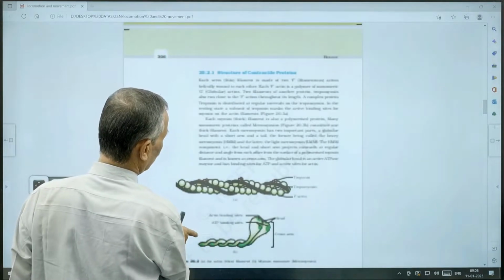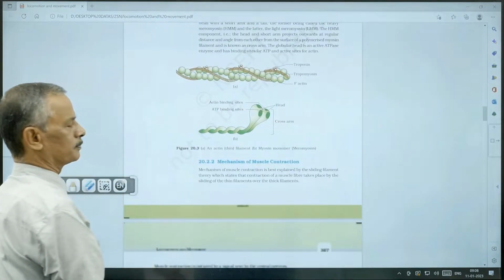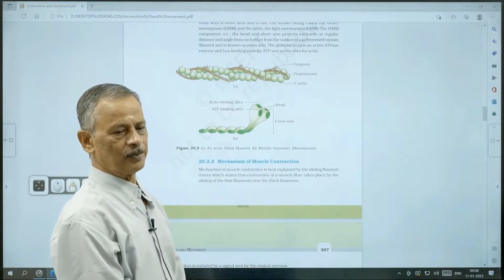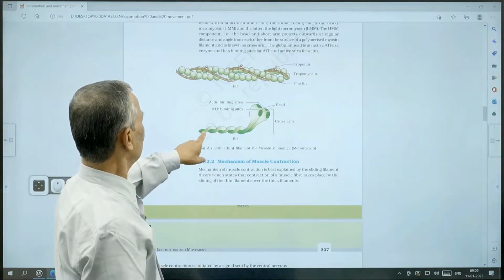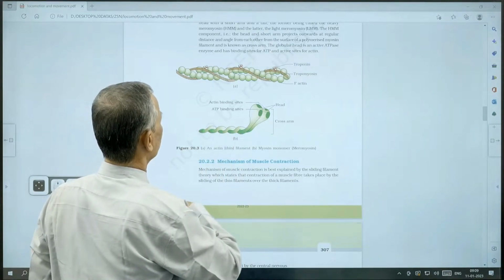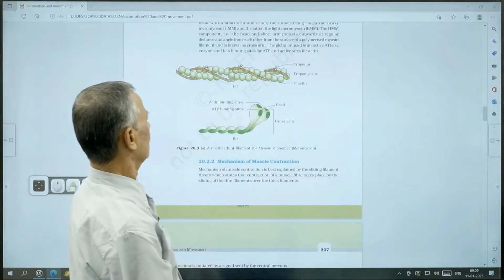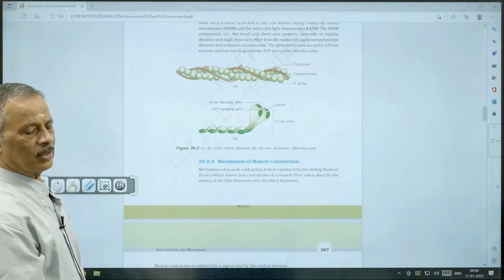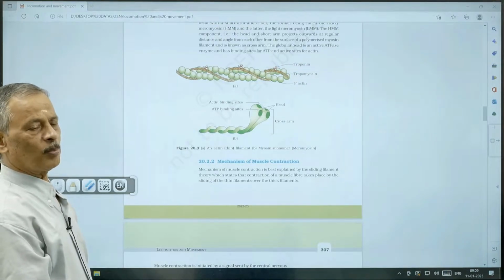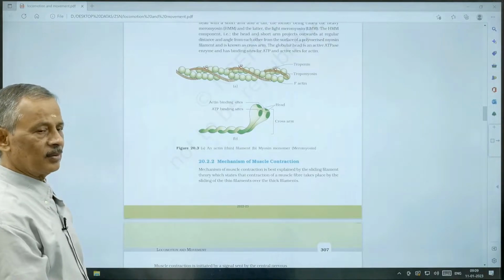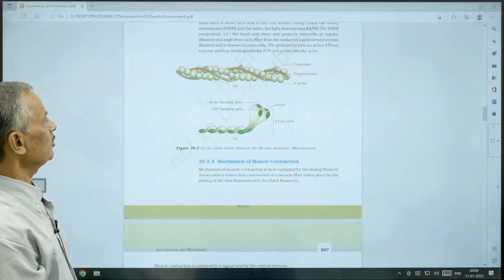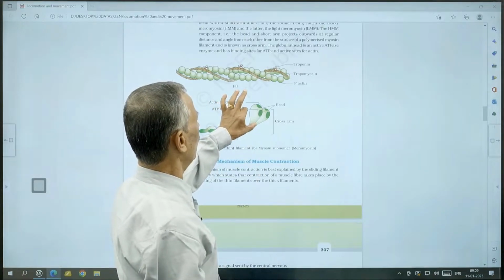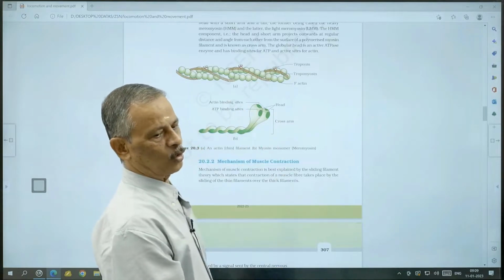A meromyosin is having a characteristic shape with a tail, this is the tail, and a head. The tail is made up of light meromyosin, which is of less molecular weight. So we call it light meromyosin. And a head is made up of heavy meromyosin.